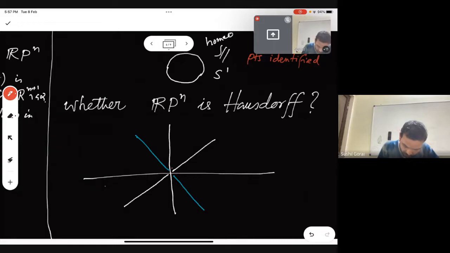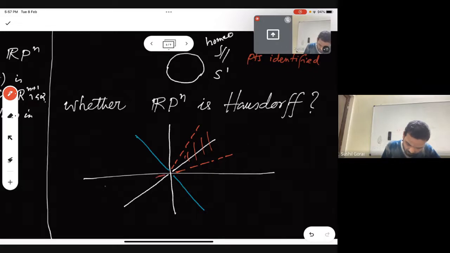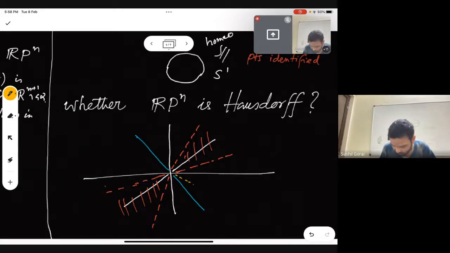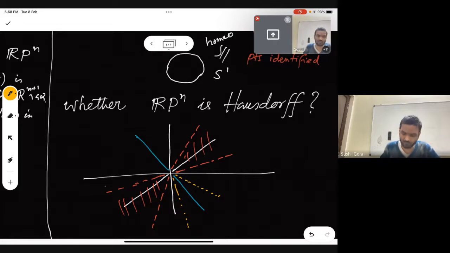So what you need to consider is an open cone around this line, and an open cone around this other line. All right, so these are open cones that do not intersect.